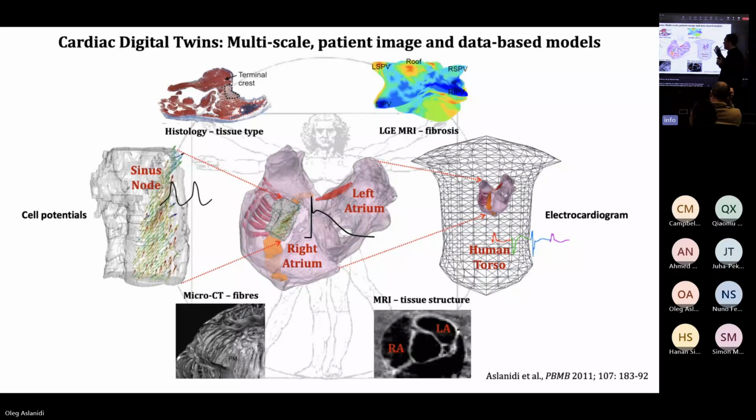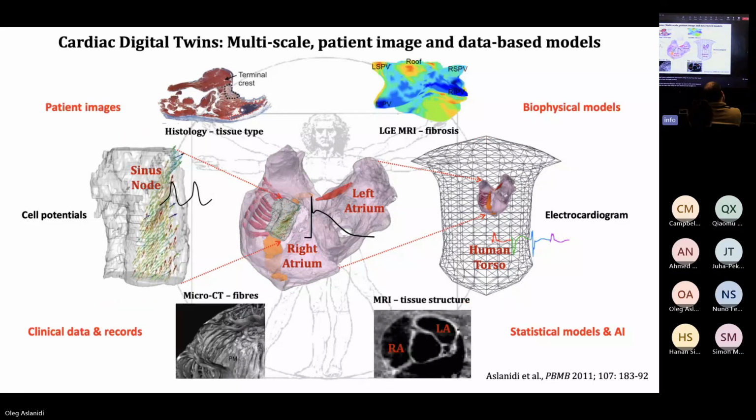And then you embed all this data in your model of the heart. Moreover, you want to go to the next scale, the entire body, because most of the signals that we can actually record from a patient are non-invasive. They are not from the heart, they're from the body surface, and that's the electrocardiogram. So we want to link what happens inside the heart with what we can record on the body.